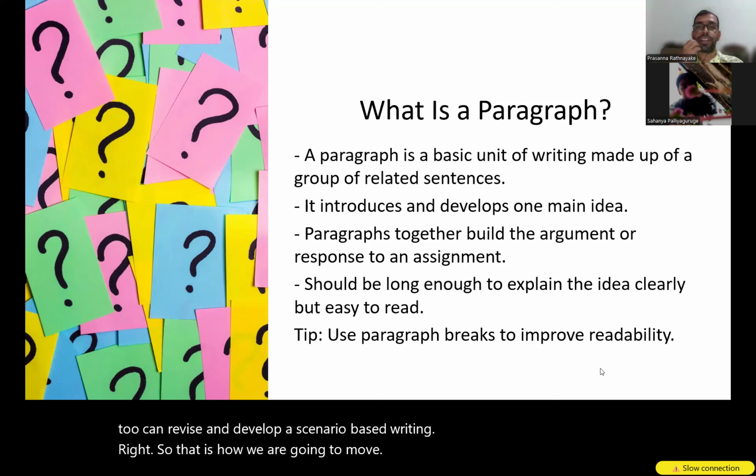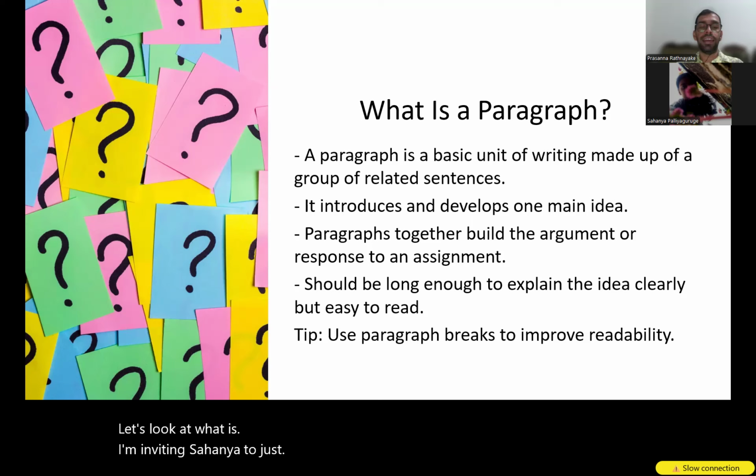A paragraph is quite simple. It's a basic unit of writing. And what it is, is a group of related sentences. Now remember, the very idea: it is a group of sentences, but all these sentences are related. And remember bullet point number 2, it introduces and develops one main idea.